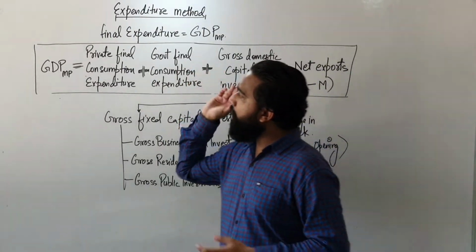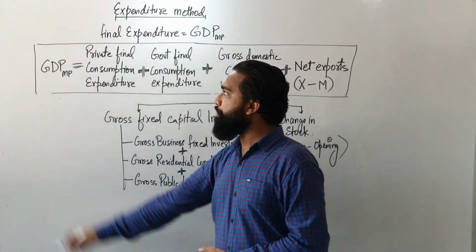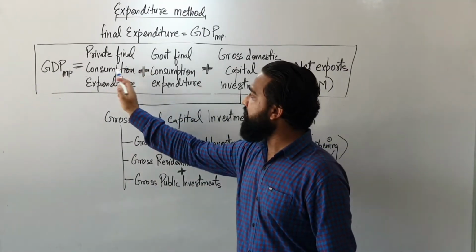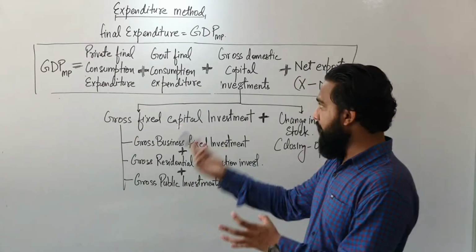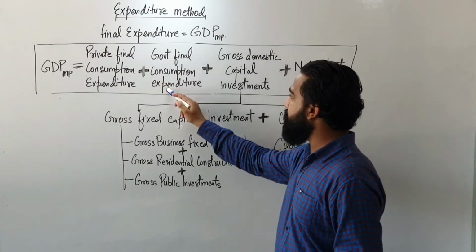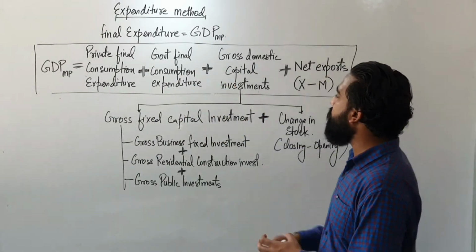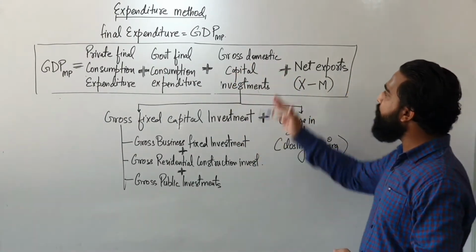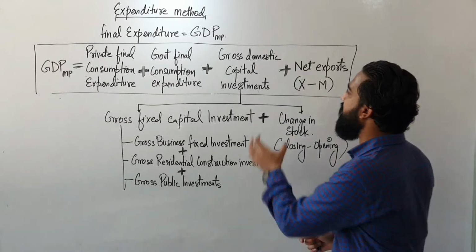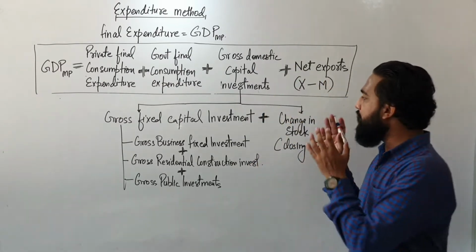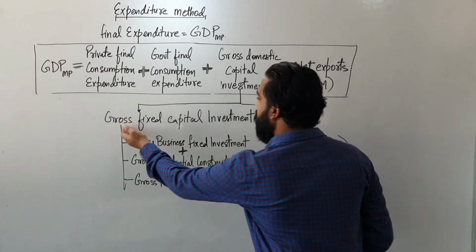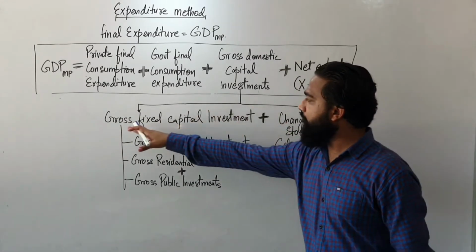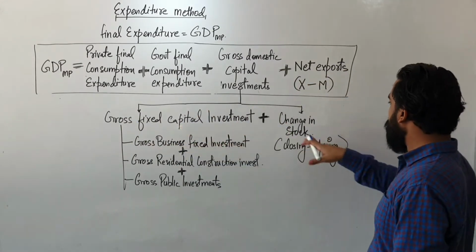You calculate GDP MP with the help of four components: private final consumption expenditure, then government final consumption expenditure, then gross domestic capital investments, and if gross domestic capital investments are not given completely, then you search for gross fixed capital investments and change in stock.